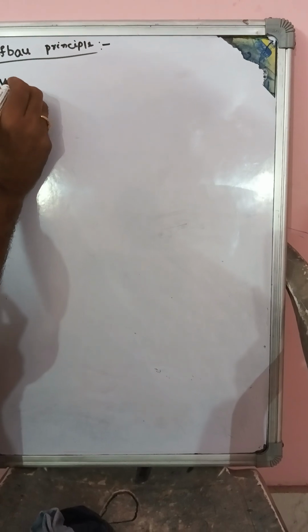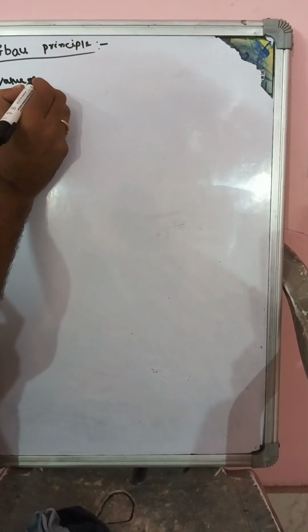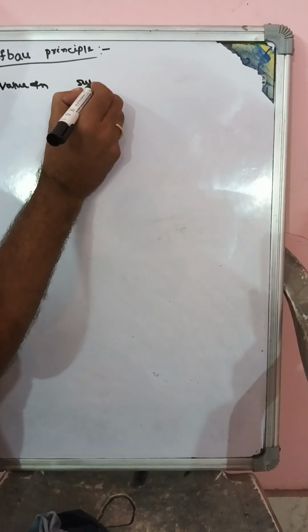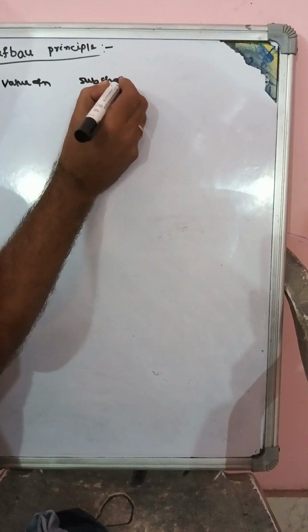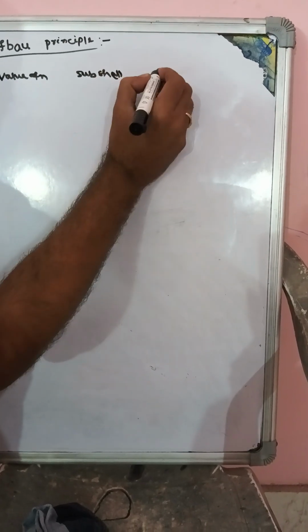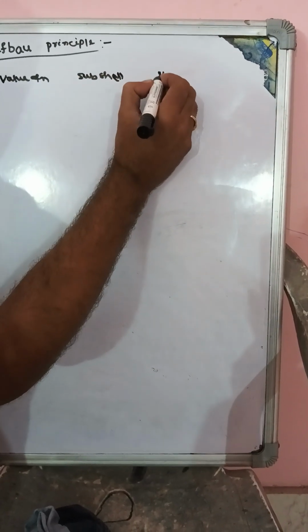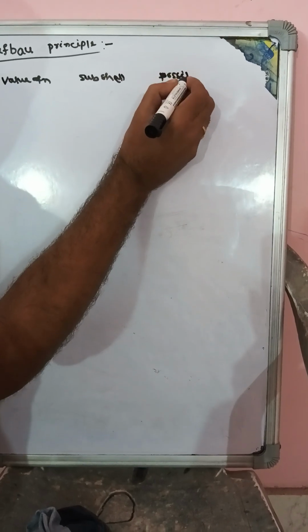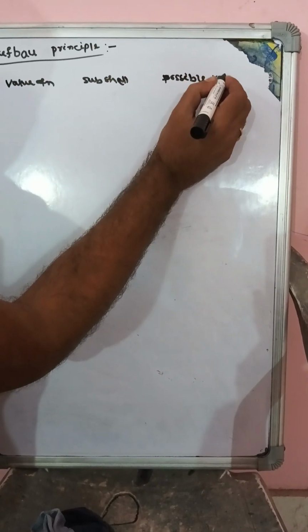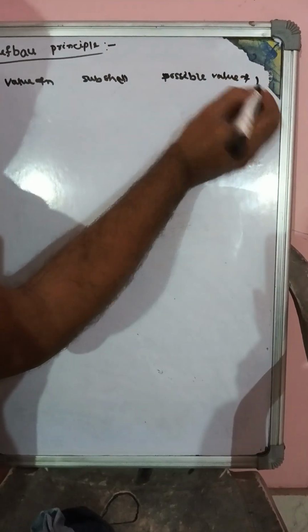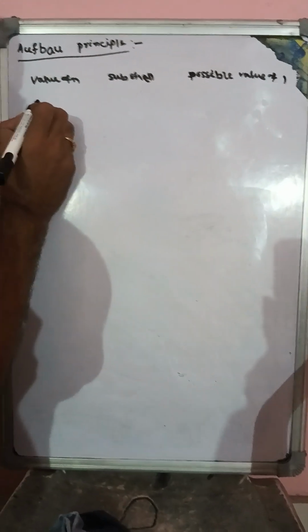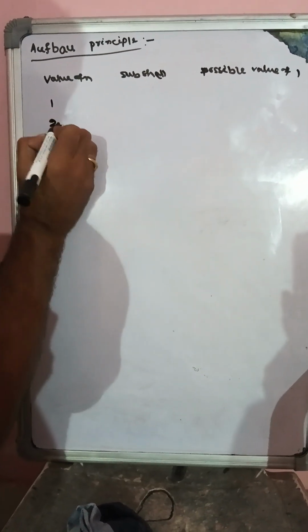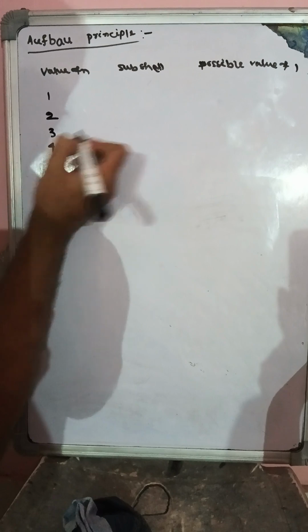Value of n, subshell, possible value of l. The values of n will be 1, 2, 3, 4.